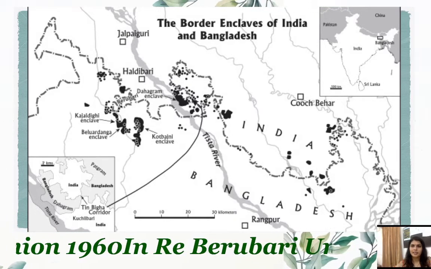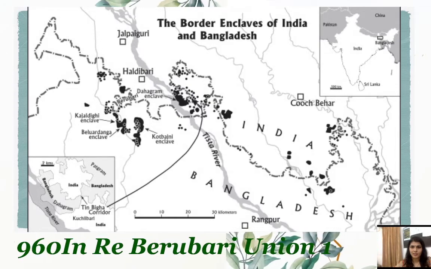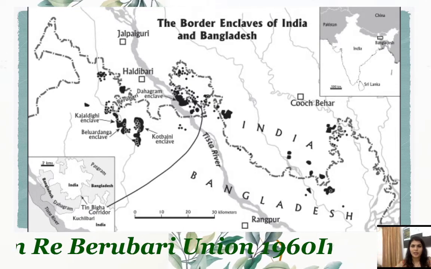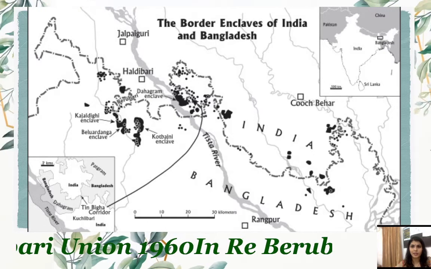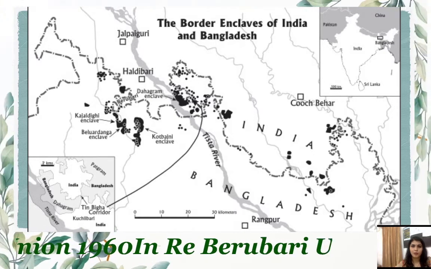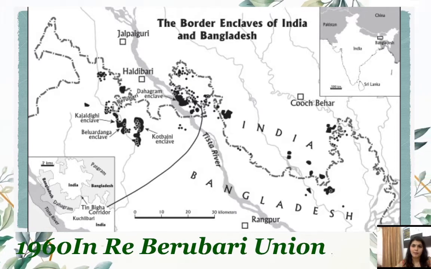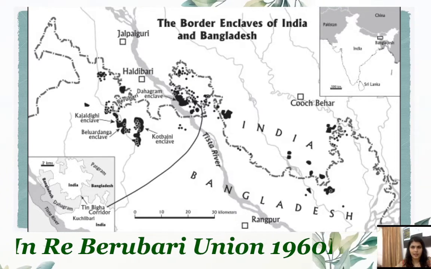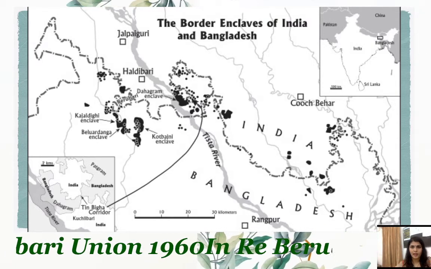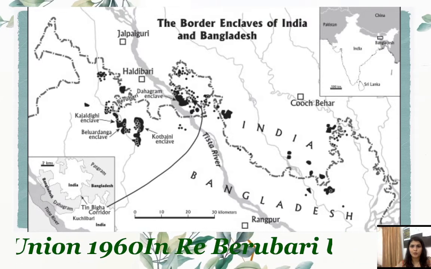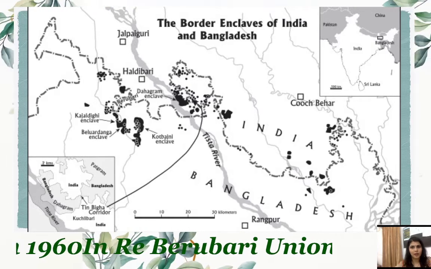Fortunately, after this, the Constitution of India was enforced, and the provision regarding the boundary, that is the states or territories of India, was enforced on 26th November 1949 itself. In this, Schedule 1 provided what constitutes Bengal, and Bengal was understood to constitute Berubari Union as well.